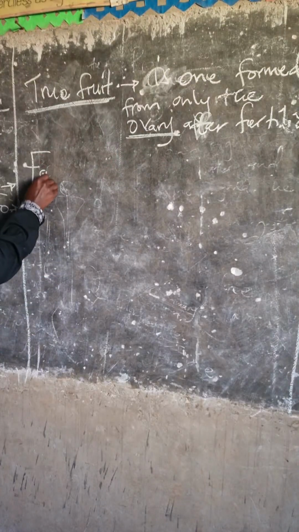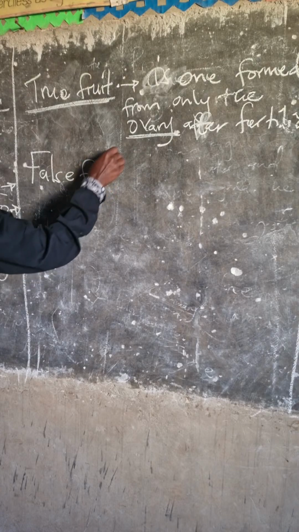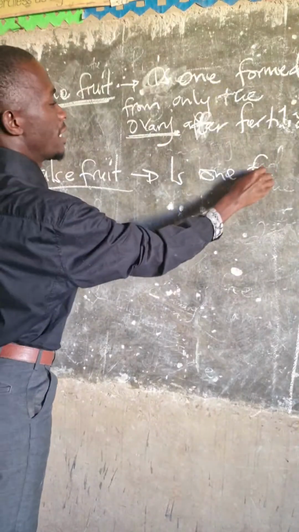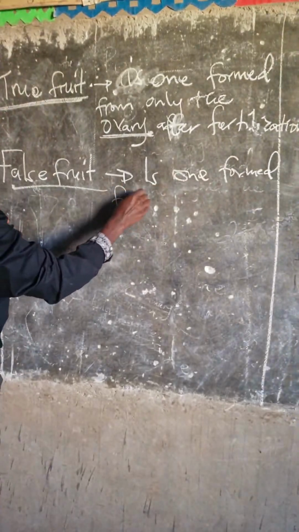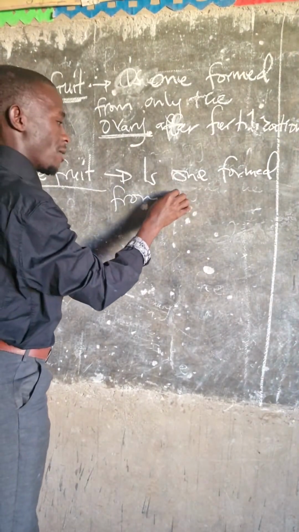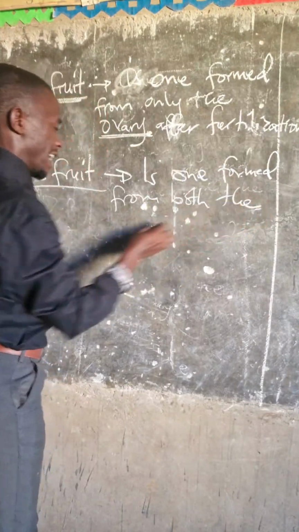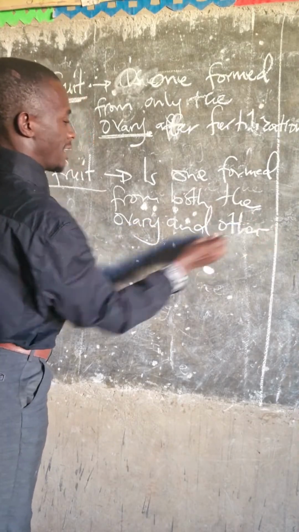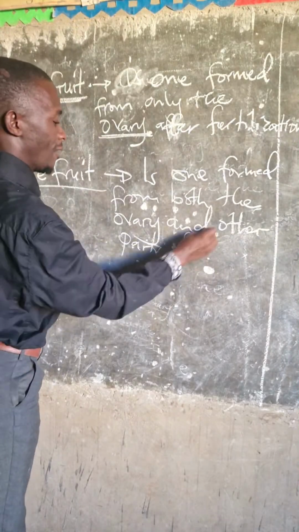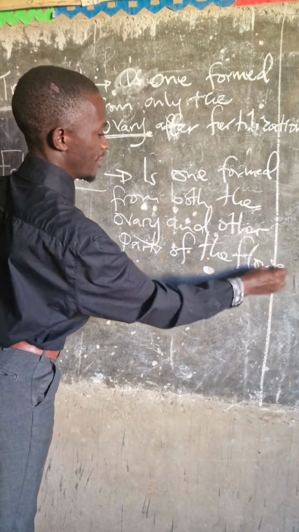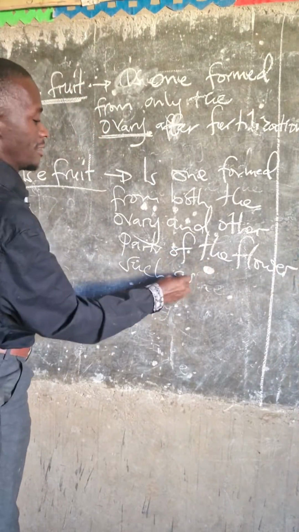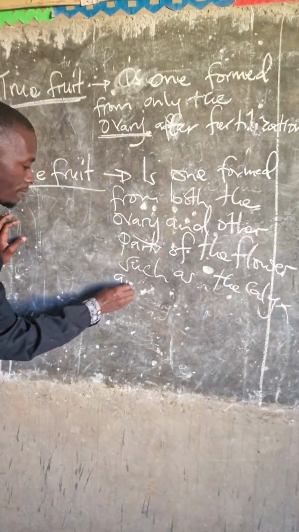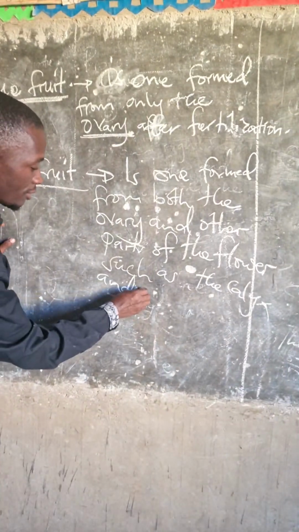But a false fruit will be that fruit that is formed from both the ovary and other parts of the flower, such as the calyx and the receptacle.